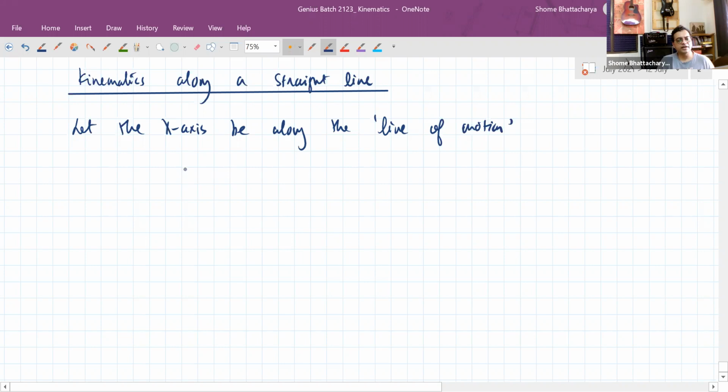Then what we are writing as position vector, we can just write as a single coordinate instead of I cap. What we are writing as displacement, we can just write as delta x.